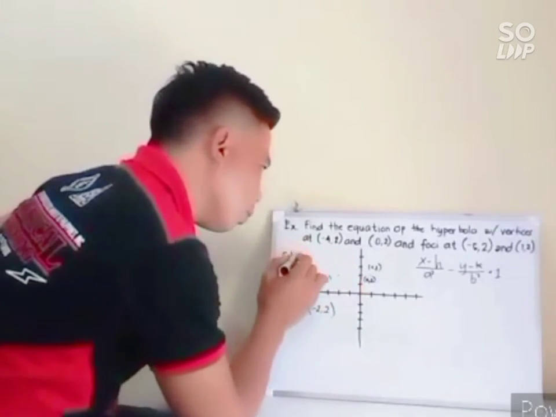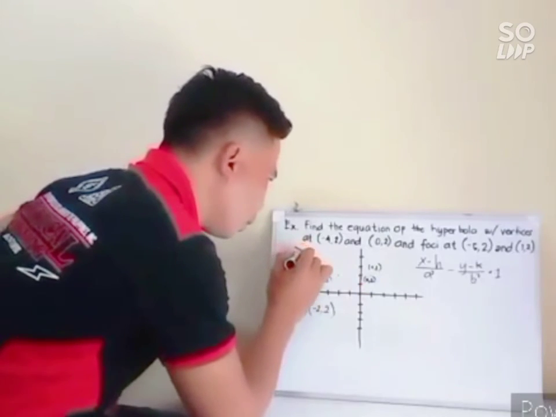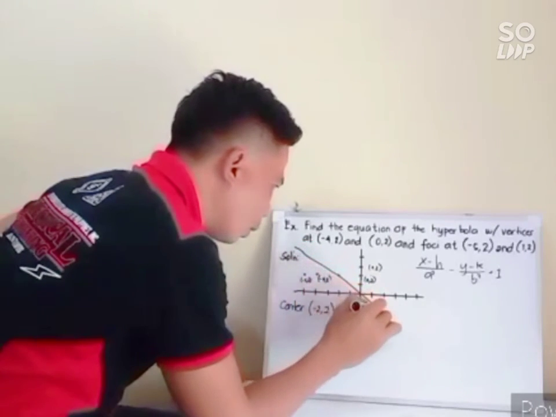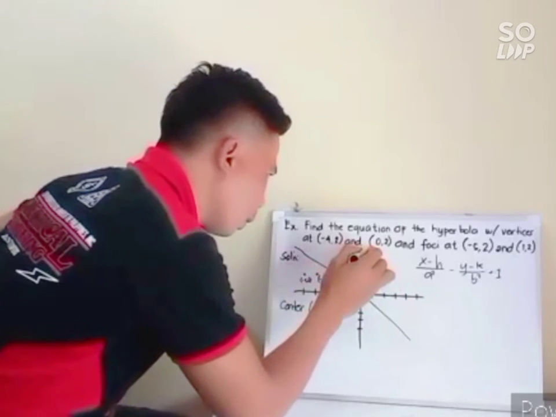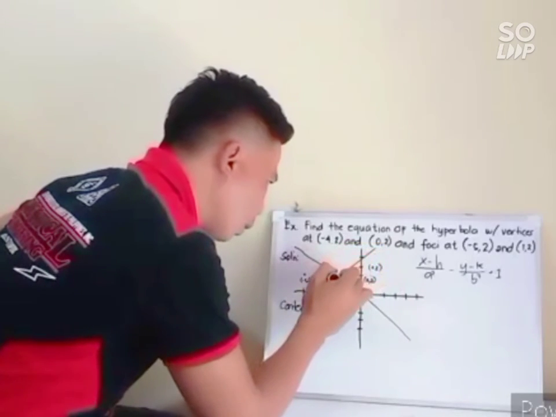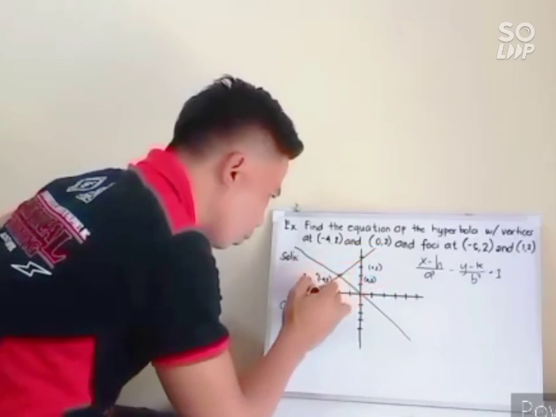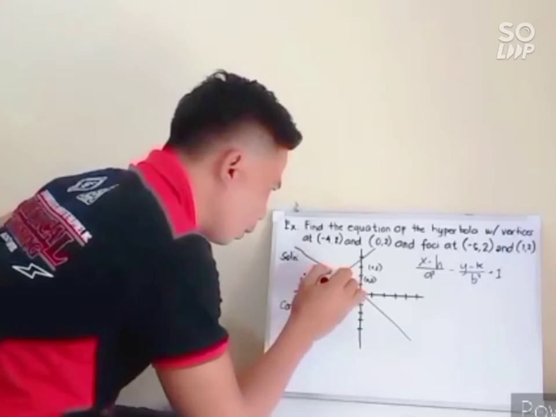We can draw our asymptotes from here. Our asymptotes are something like that.